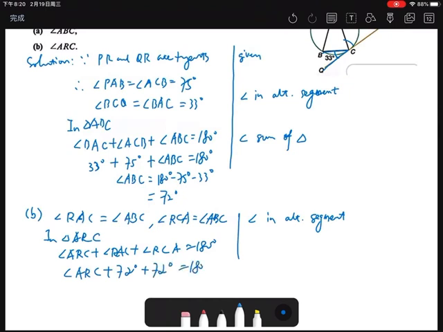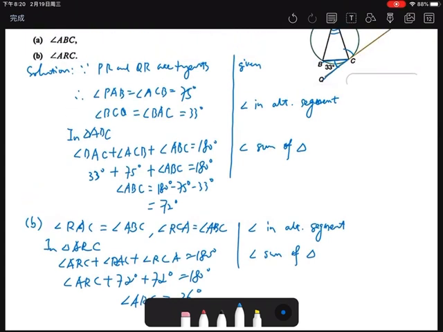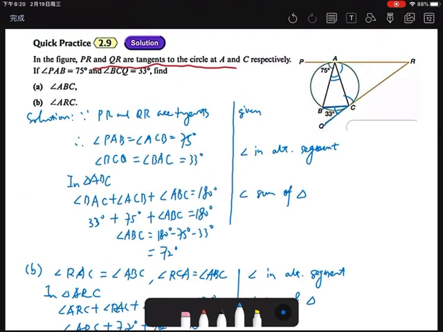So angle ARC plus 72 degrees plus 72 degrees equals 180 degrees. So finally, angle ARC equals 36 degrees. Here I forgot to write out the reason, angle sum of triangle. So this is the complete proof, or complete steps, of Quick Practice 2.9. So now you may have a break.